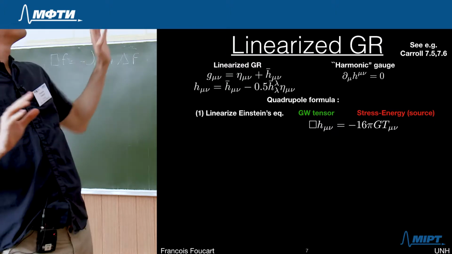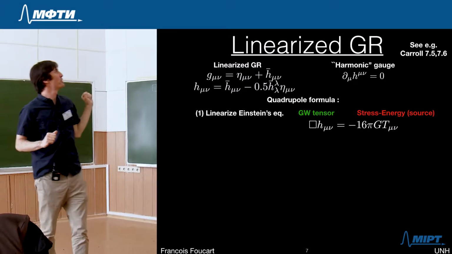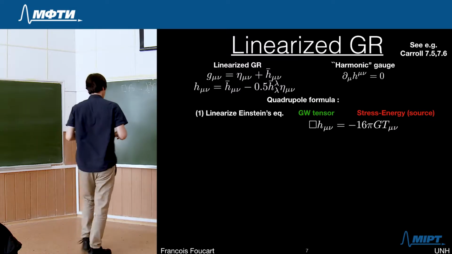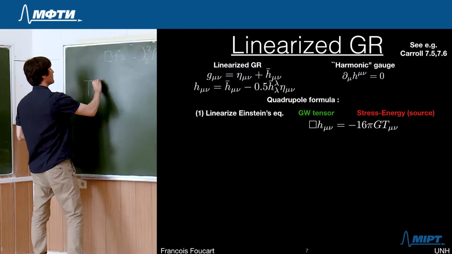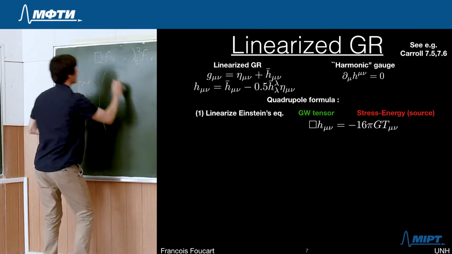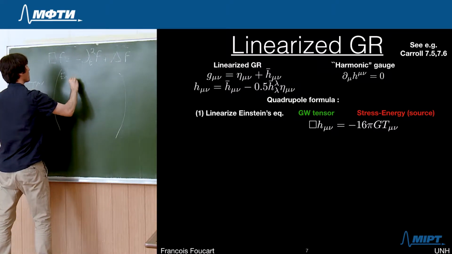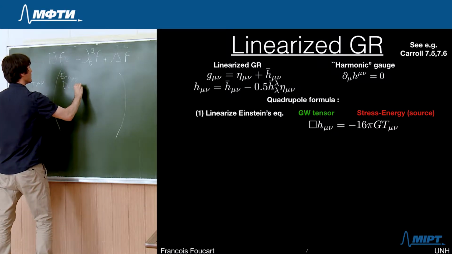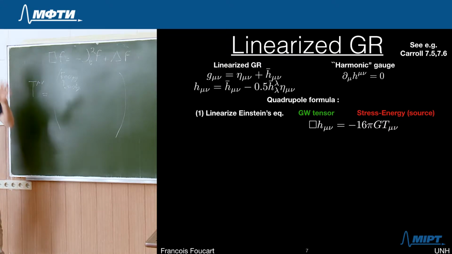And so this is a wave equation for each of the components of that metric perturbation, with a source term which is given by the stress tensor of matter, which in Newtonian theory, you can see that the 0,0 component, the time component, is just the energy density, roughly speaking.